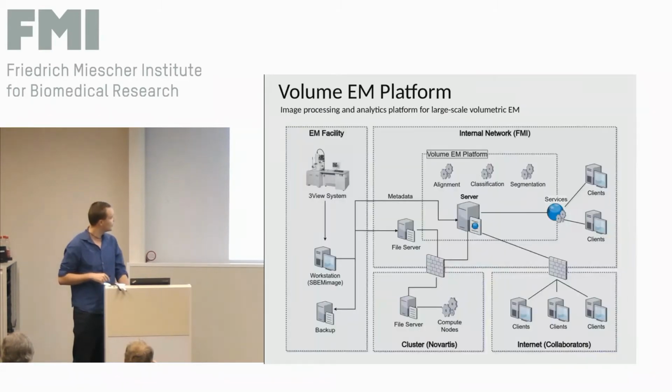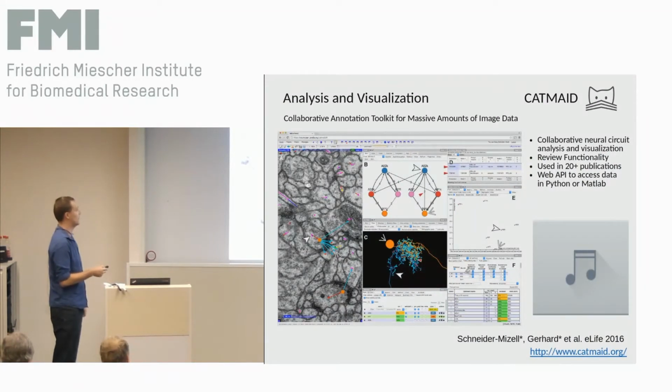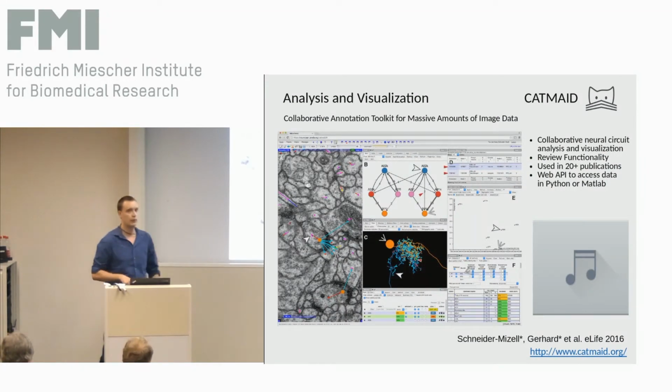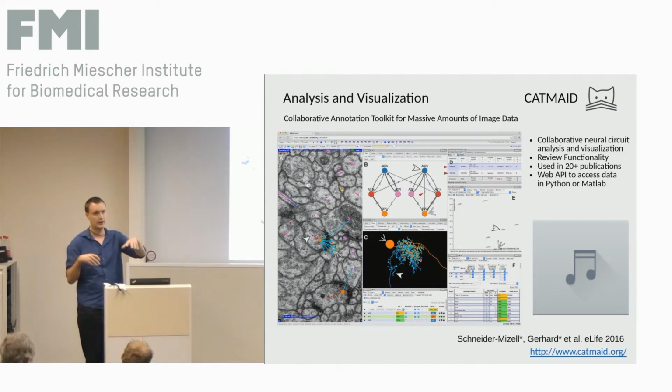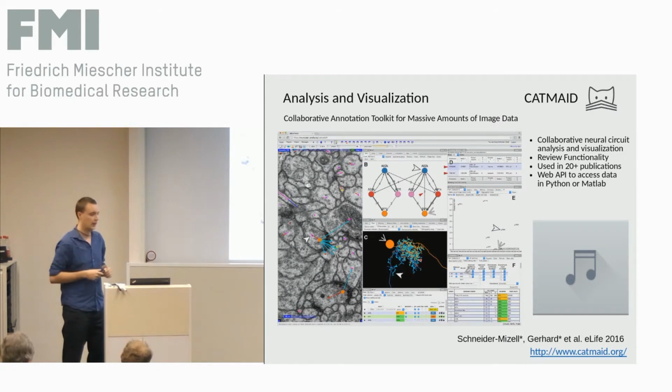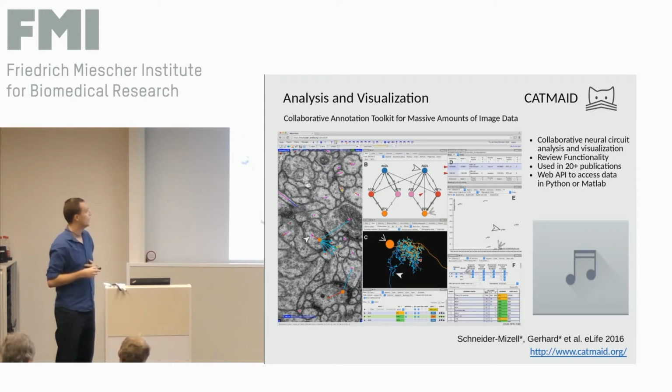And I think the video is not playing here. It would be a rotating thing. And you can work with the network, so you can select neurons, look at their connectivity, and do many kinds of things. And it's been already used in more than 20 publications, roughly, which speaks, I think, for the quality or the usefulness of the tool.